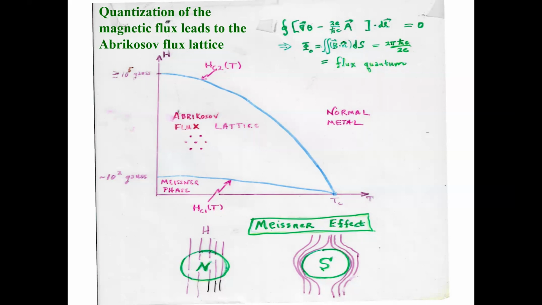And he realized that if you just do some simple algebra with the phase of the condensate wave function that comes into that, and then any closed contour around here has to vanish, it turns out, and then there's a flux quantum, and you find that in a magnetic field, as I'll describe it in a minute, the superconductor gets punctured by a set of approximately parallel vortex lines. It's the breakdown of the Meissner effect.